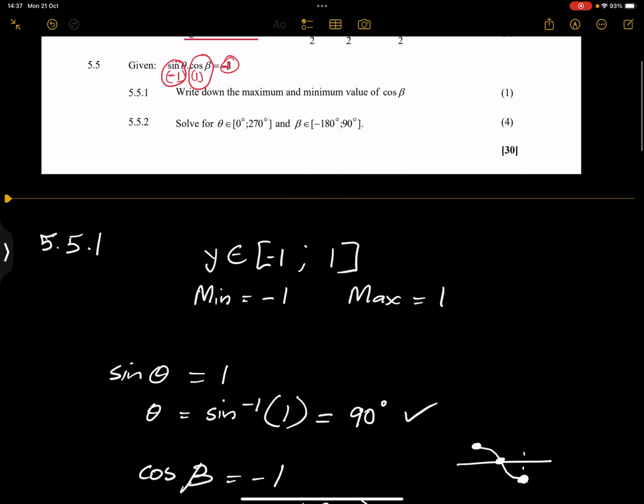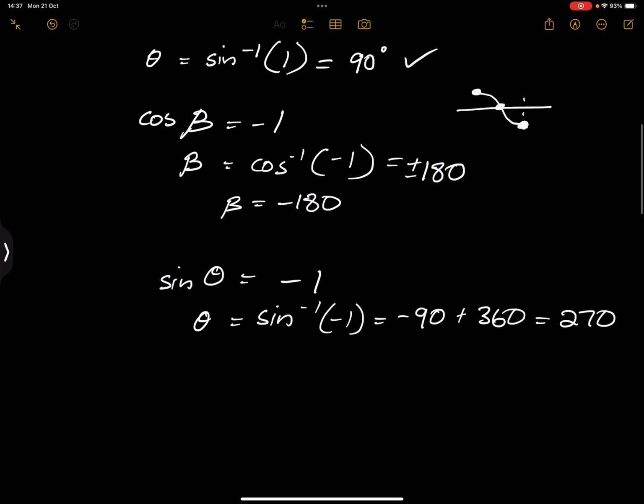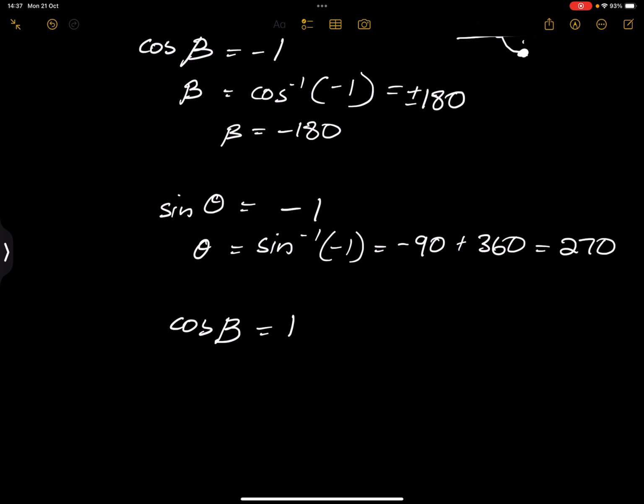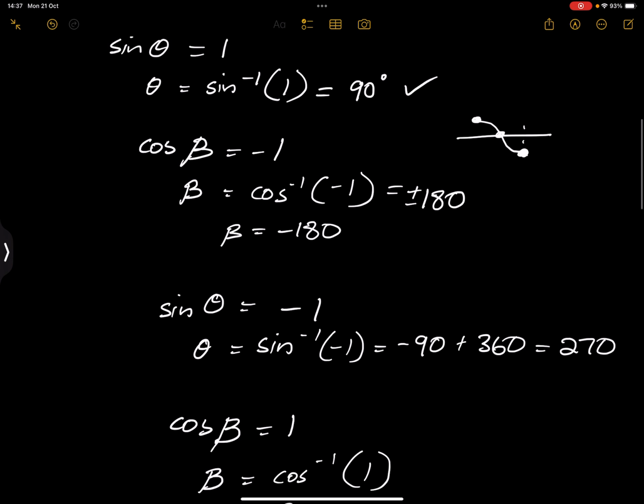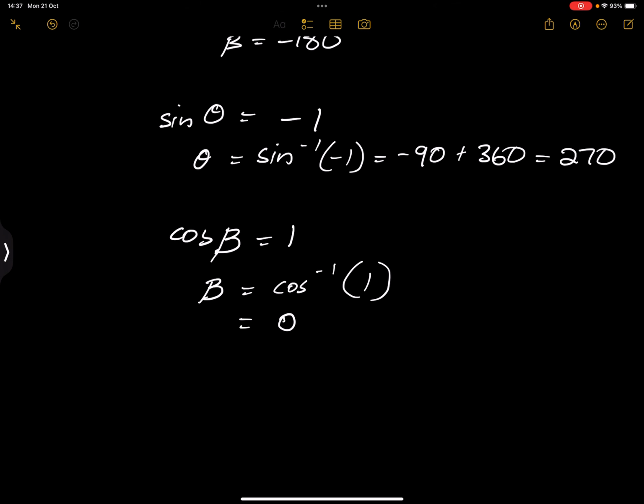And then finally, where is the cos of beta equal to +1? So beta is the arc cos of 1, and this would give me 0. Now they said it's between negative 180 and 90, so that would give me 0 plus k 360.